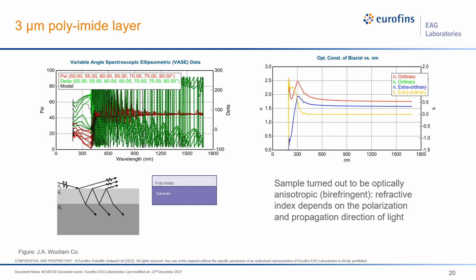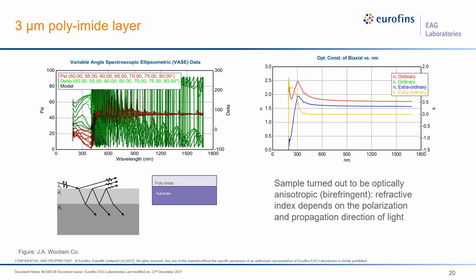These materials have one optical axis, and the refractive index depends on the relative orientation of the electric field direction to the optical axis. If the field oscillates perpendicular to the optical axis, that means that the propagation direction is parallel to it, the ordinary index n_o applies.